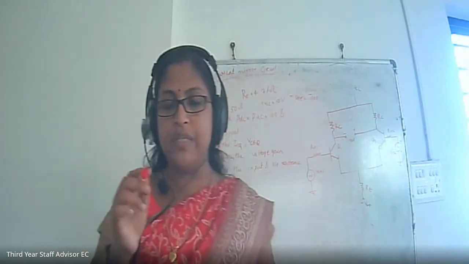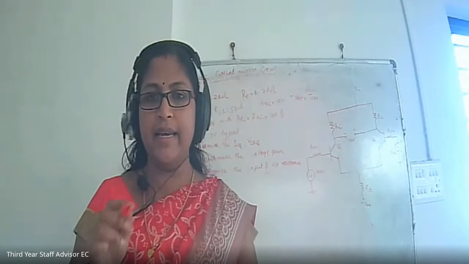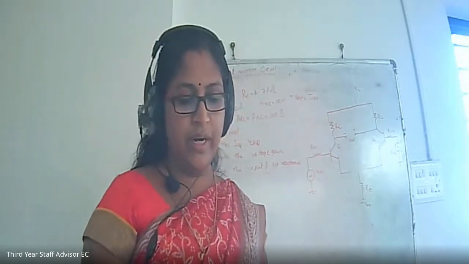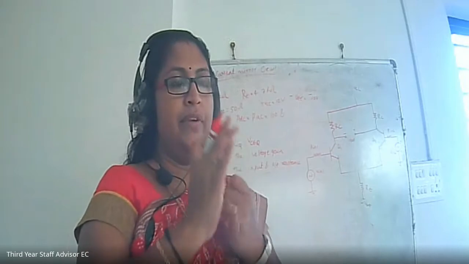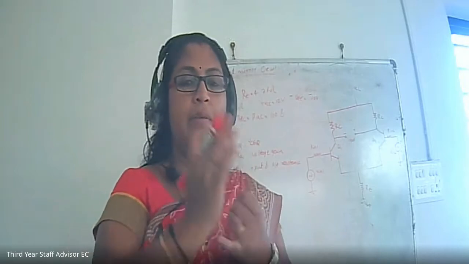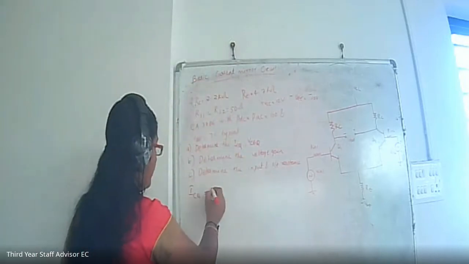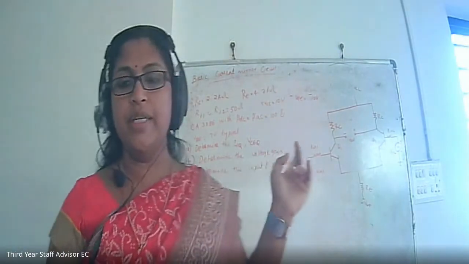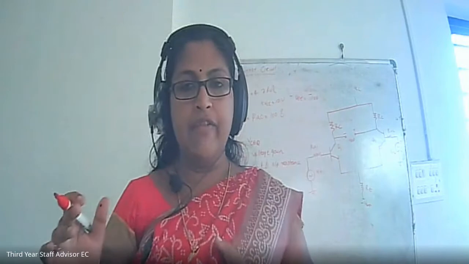So you have to study the DC analysis. In that case, I have derived the equation for ICQ. In that case, we have derived that the collector current will be equal to the emitter current. So we have the equation ICQ equal to IE. Actually, this equation is derived by writing the KVL equation.